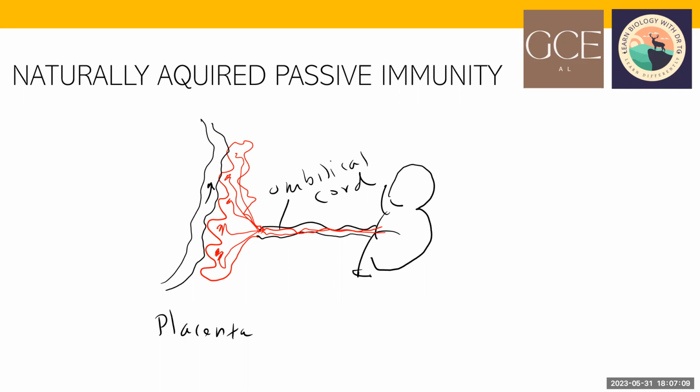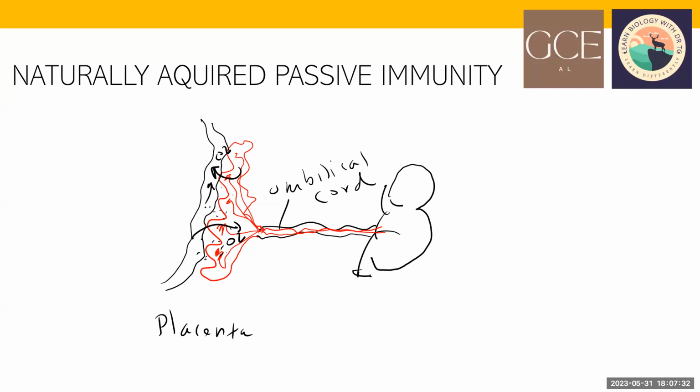Mostly nutrients and gas exchange happen by diffusion. There's no direct contact, it is diffusion. For example, oxygen diffuses, carbon dioxide goes to the other side, and nutrients can also diffuse. So it's basically a diffusion method.